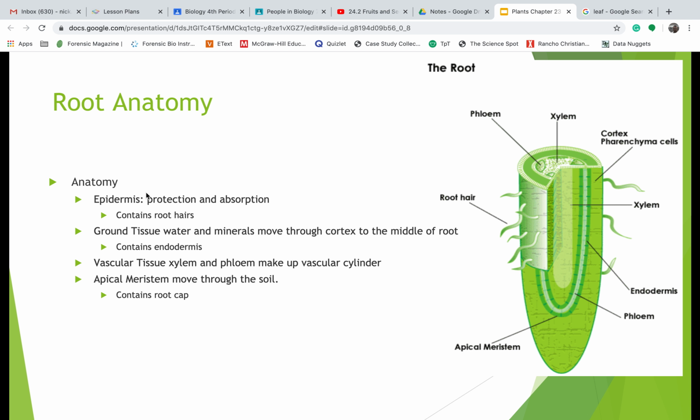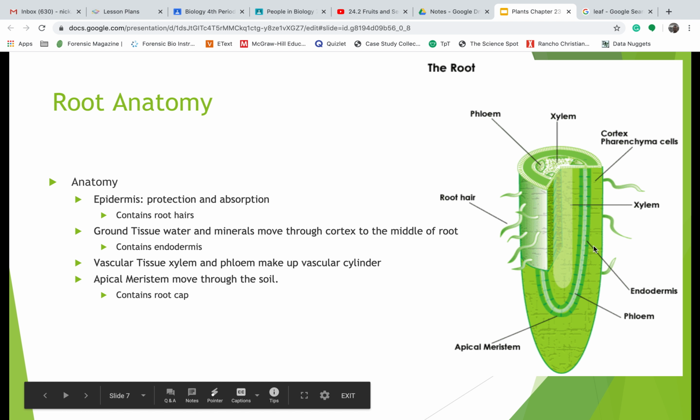The dermal tissue, or the epidermis in this case, is going to be on the outside, epidermis being epi, or the outside. Therefore, that's going to be the tissue located right here on the outside. The endodermis is going to be here on the inside, and that's going to line the vascular tissues there and line the ground tissues in here.